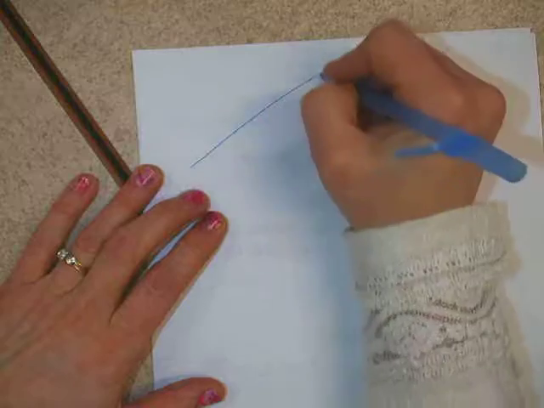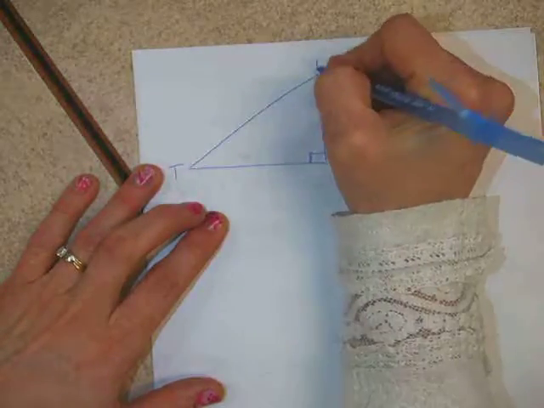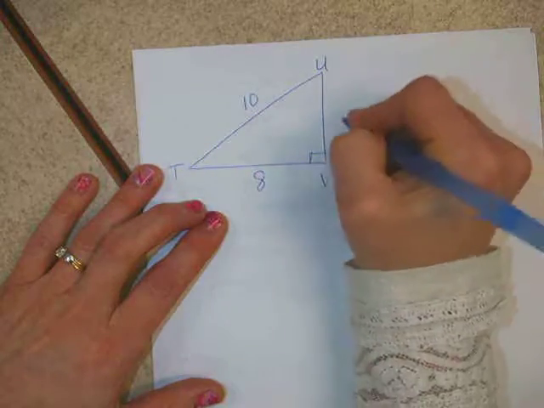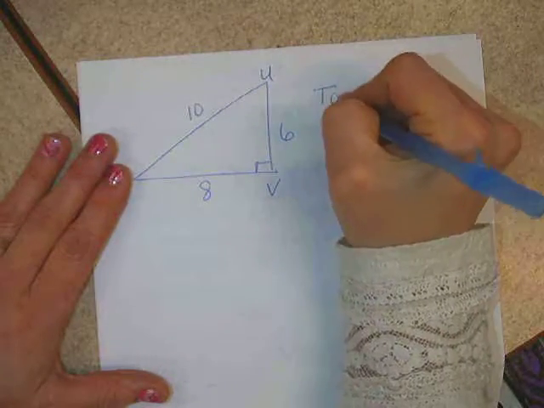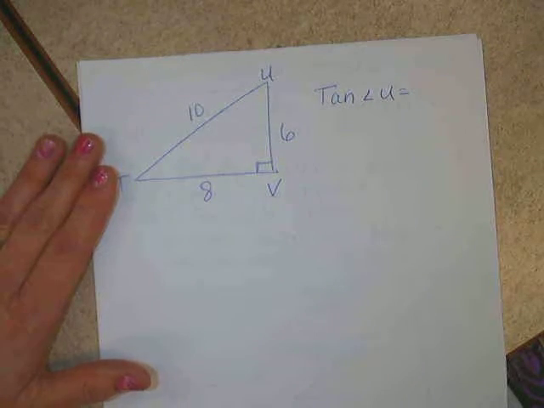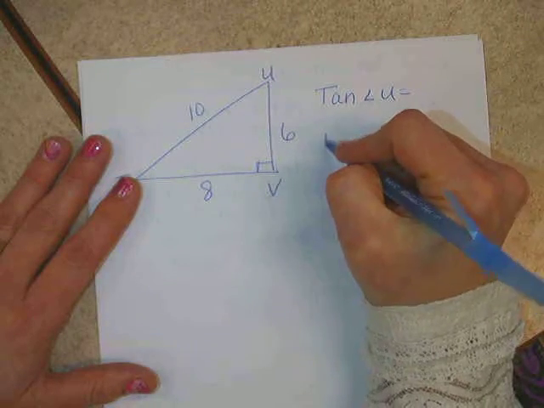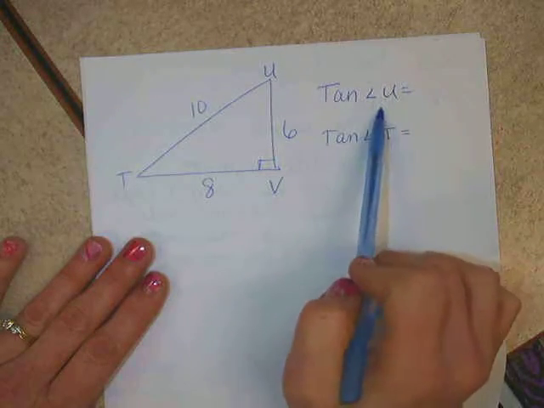So, now, using that with an actual triangle that has lengths, your homework is going to ask you to write the ratio of both angles, the tangent.